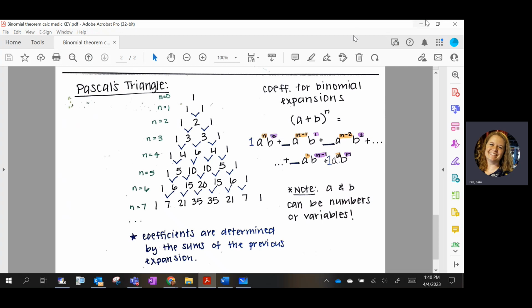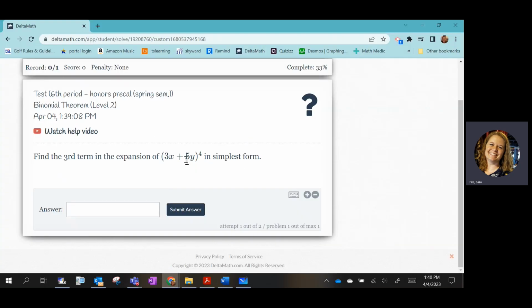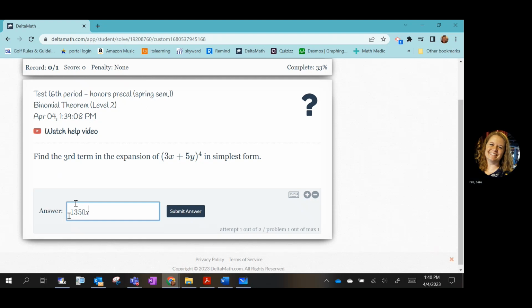So both would be squared. That's correct. What is the 5 squared? 25. So we've got the 6, the 9, and the 25. So we have to do 6 times 9 times 25, which is 1350 is what our coefficient will come out to. And y'all said they would both be squared, right?